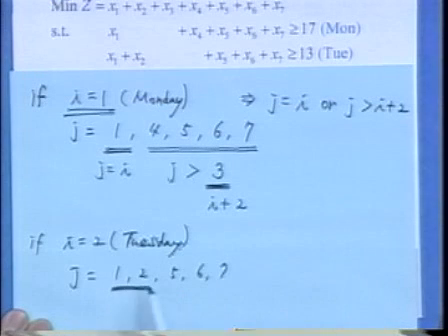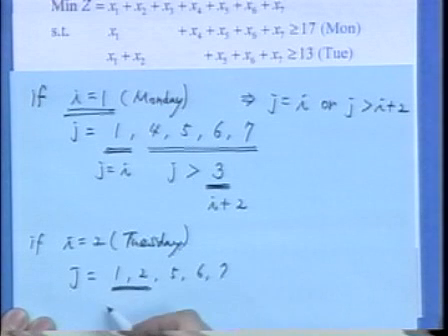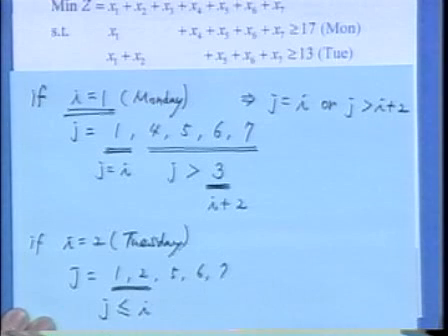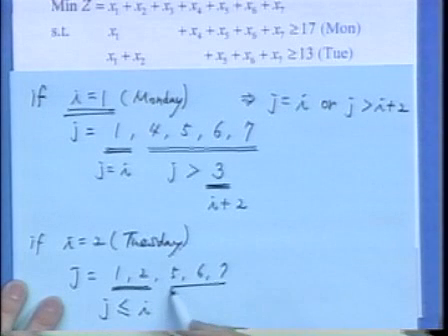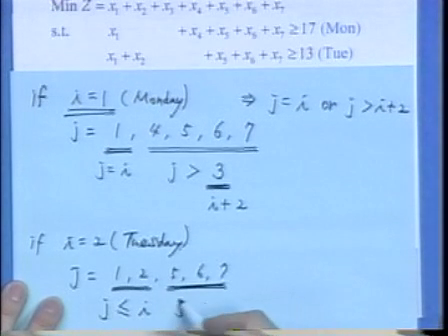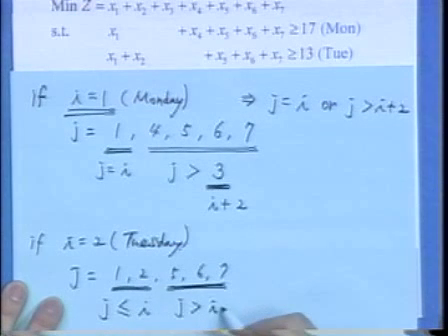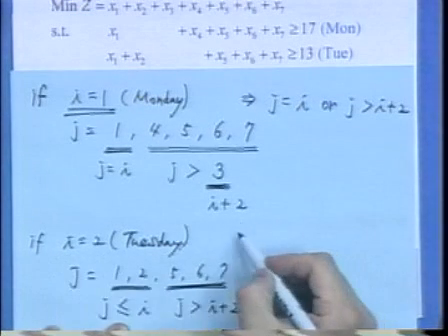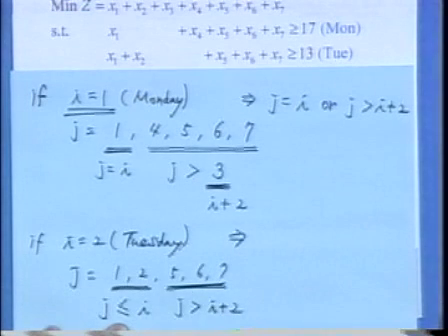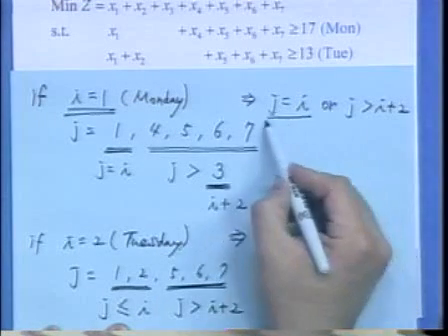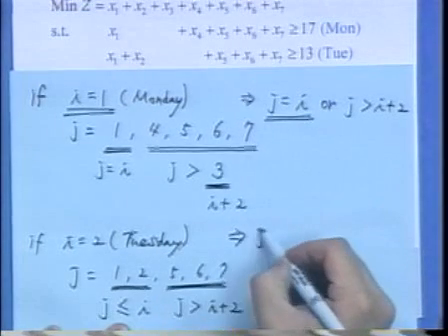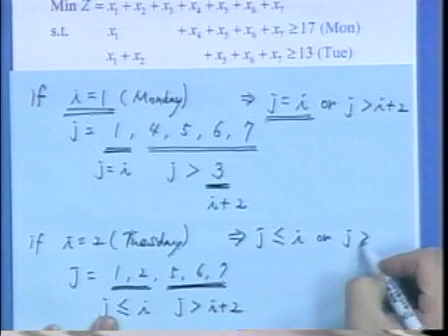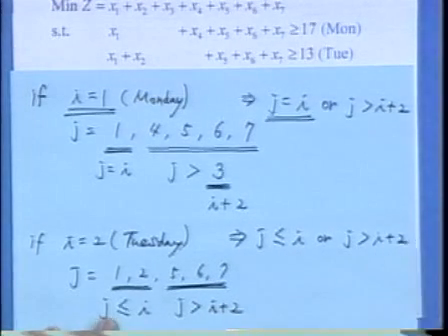So for these two values, I would say j is less than or equal to I, but for these three values, j is still greater than I plus 2, okay? So if I equals 2, then we make a small modification from the earlier constraint. j is less than or equal to I, or j is greater than I plus 2. Is that right?